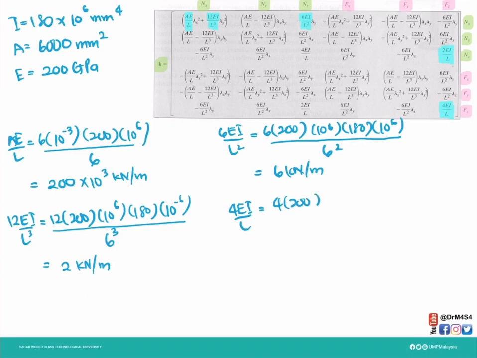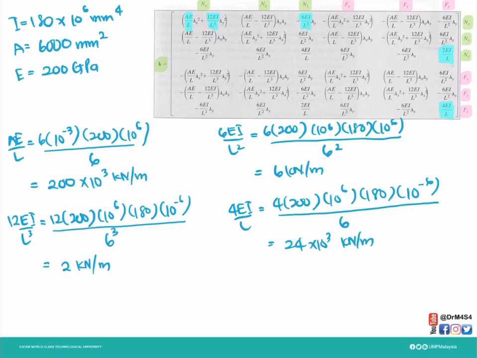Next, we're going to find 4 EI divided by L. 4, 200, 10 power of 6. So once again, convert it carefully to the unit we want to. So this one, 24 times 10 power of 3 kilonewton meter.